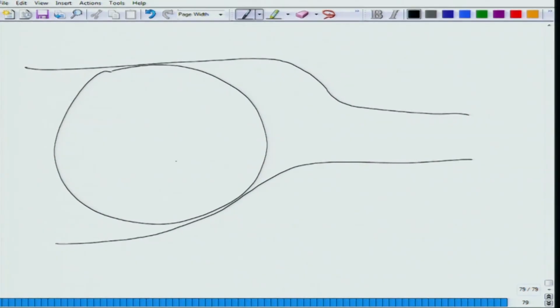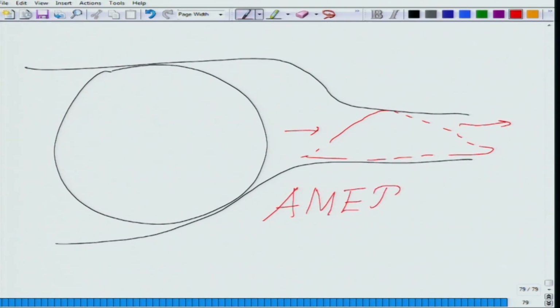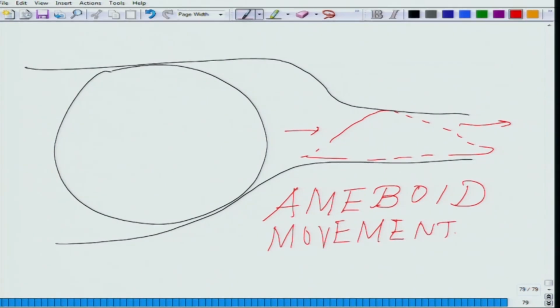Essentially, they change their shape, their new shape becomes something like this, and they will travel. So, they show something called amoeboid movement. This is one of their classic features. They have an amoeboid movement which could be observed.